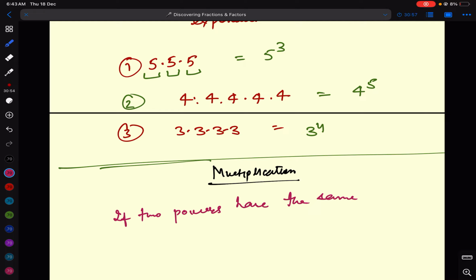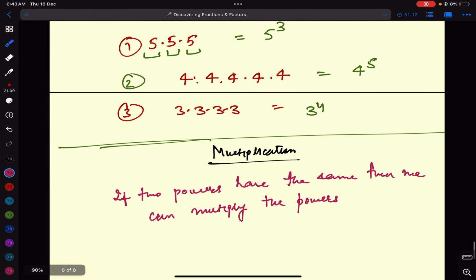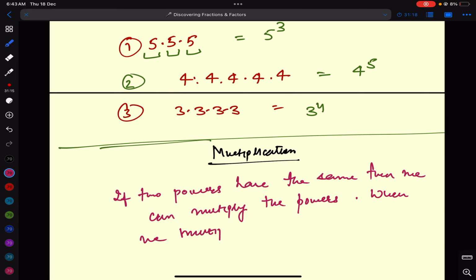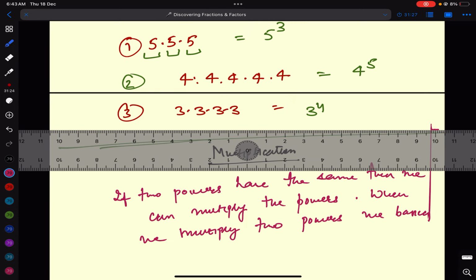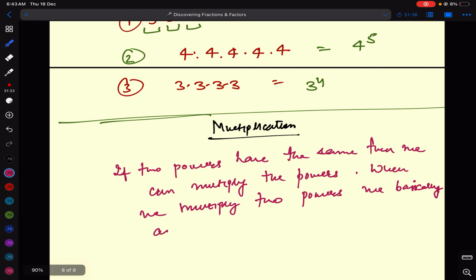So if two powers have the same base, then we can multiply the powers, and when we multiply two powers, we basically add their exponents.